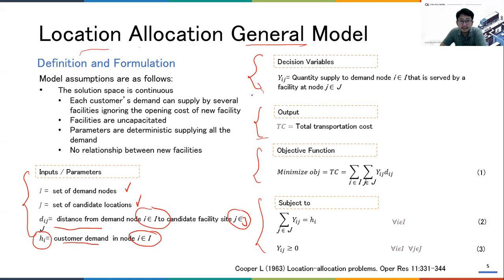And the decision that you need to make is which facility J will cover demand I. So here, Yij is this one: which facility J will cover demand I, or demand I will be covered by which facility. If demand I is covered by facility J, the value will be 1. If not, the value will be 0.